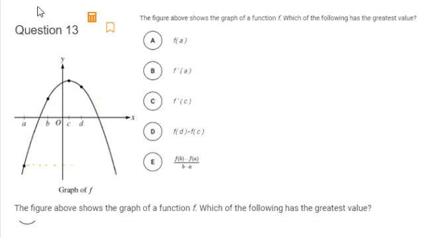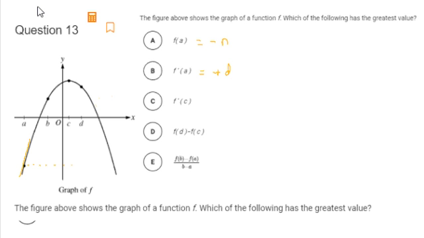So f of a is going to equal, just say, negative n, some number n, but it's negative. F prime of a, well, as we look at this here, f prime of a is the slope at a. So that's going to be some positive number. We'll call that just some number d.